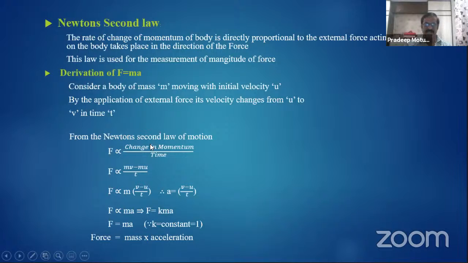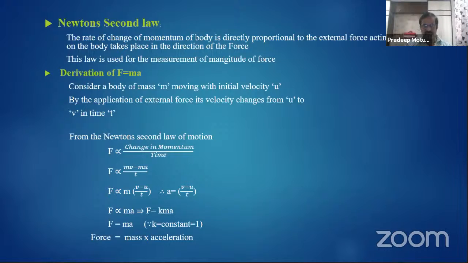Understand? This gives the change in momentum. Change means difference, that is final minus initial, mv minus mu. F is proportional to (mv minus mu) by t. Take m as a common factor. Therefore, (v minus u) by t.